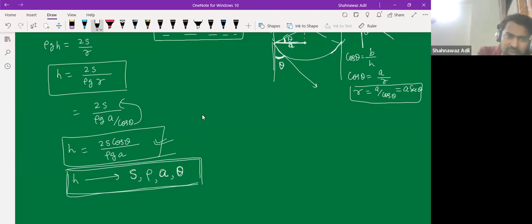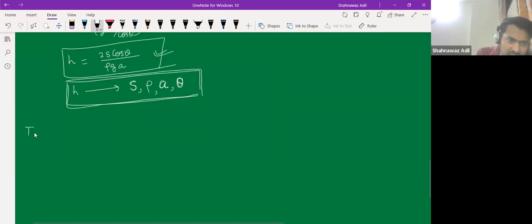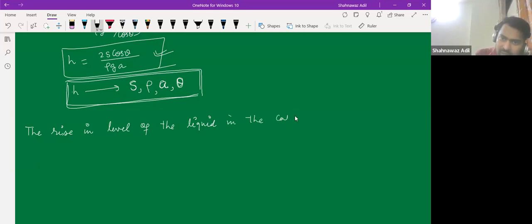So what is capillary rise? The rise in level of the liquid in the capillary due to surface tension is called capillary rise.